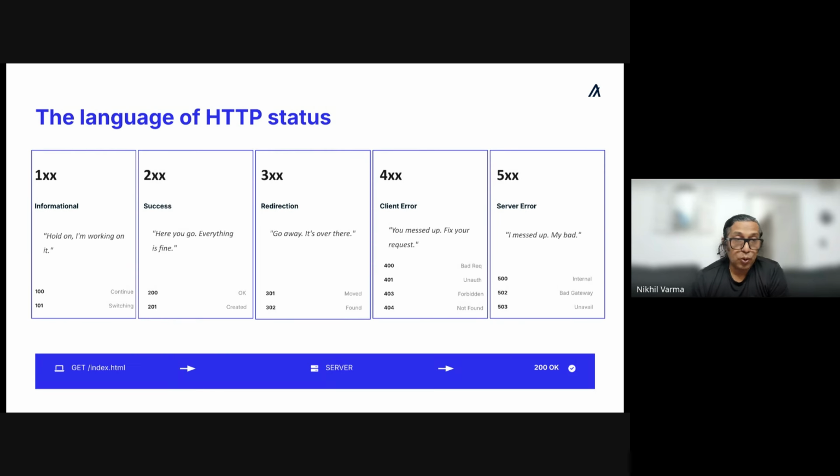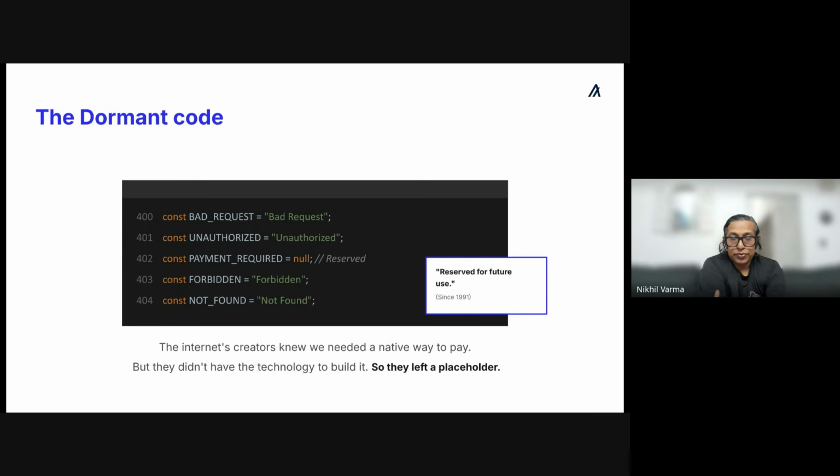But one code which was already introduced to you, next slide, please, was the foresight, which I think has been reserved since 1991. It's a placeholder, which is payment required.